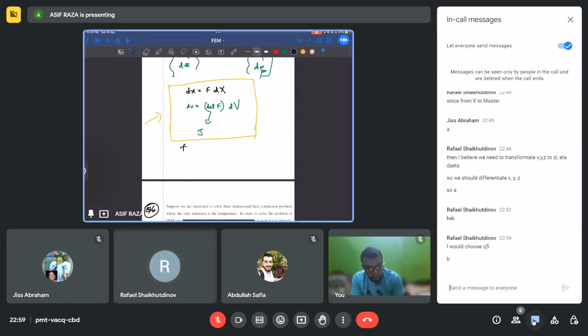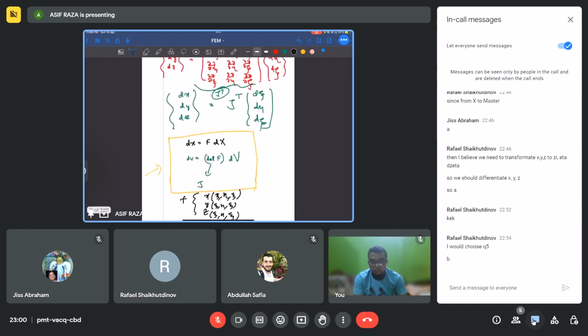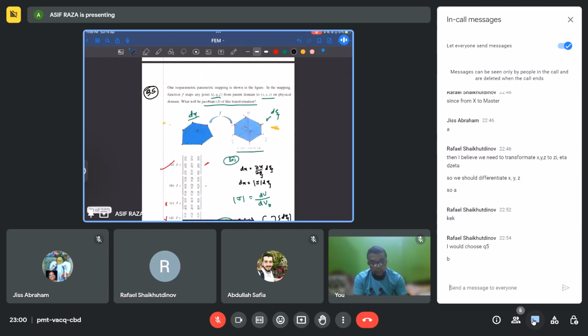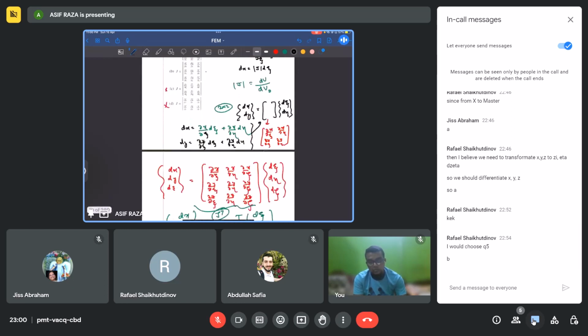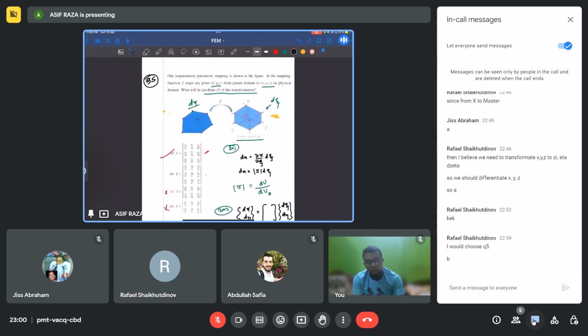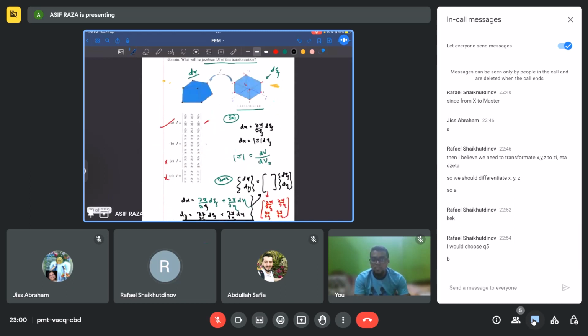We have a function f which maps xi eta zeta to xyz. We have the coordinates xi eta zeta, we know those values, and we input them to this f to get the physical domain values xyz.